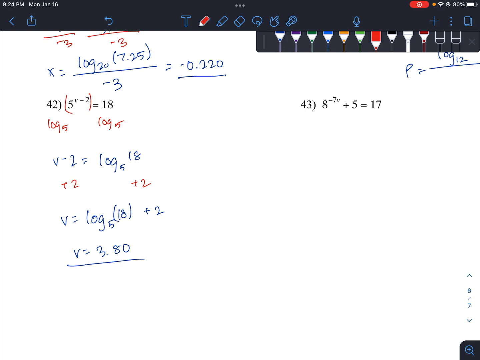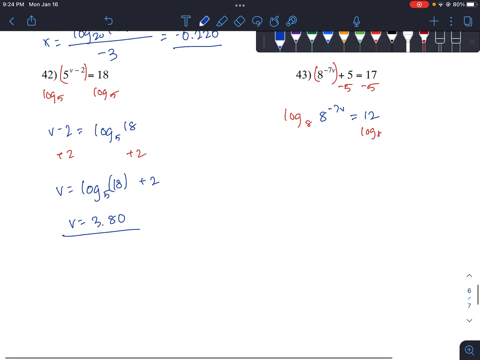Alright, this one right here, here's the exponential. Isolate it first, so minus 5. So 8 to the negative 7v is equal to 12. Use a log base 8 on both sides. Then I get negative 7v is equal to log base 8 of 12. Divide by negative 7.